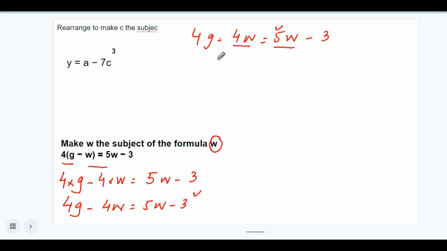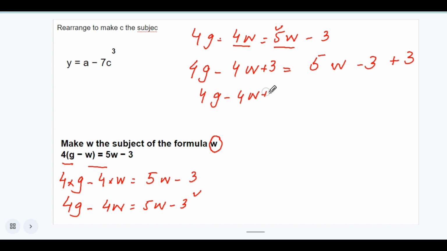What we can do, one by one, we can start doing. First I would like to finish this 3 from 5w. That means here minus 3, the opposite of minus 3 is plus 3. The same thing I need to do on this side. And now what I am left with is 5w over here.